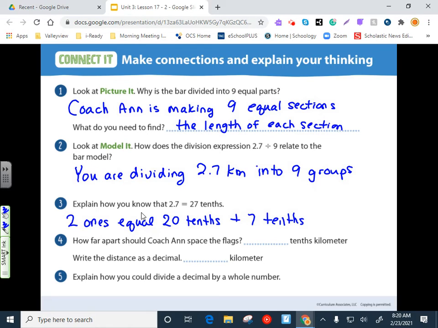How far apart should Coach Ann space the flags? 3/10 of a kilometer, and we know we can convert 3/10 into this number, 0.3. Explain how you could divide a decimal by a whole number.